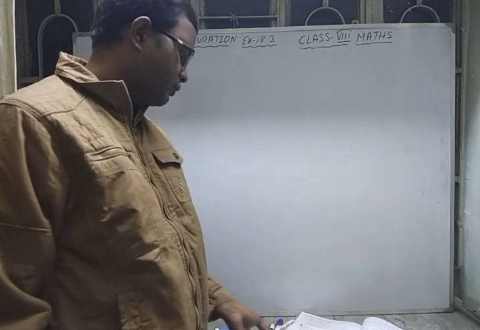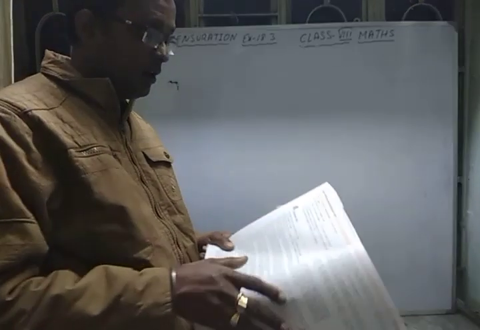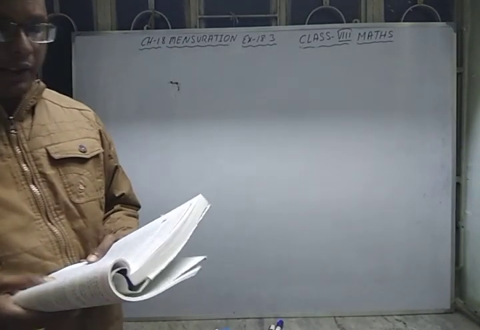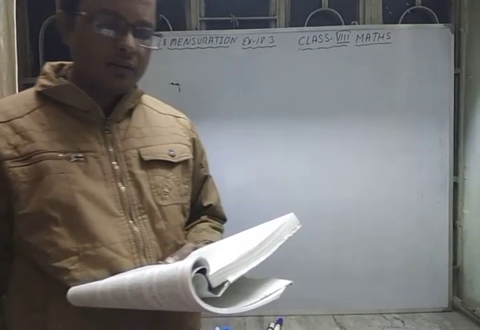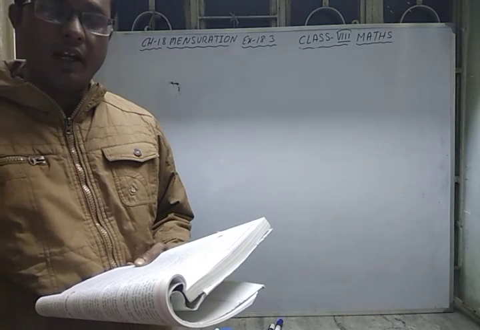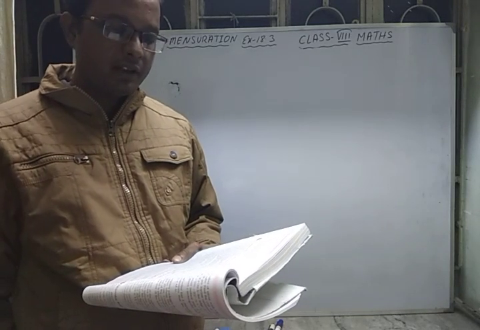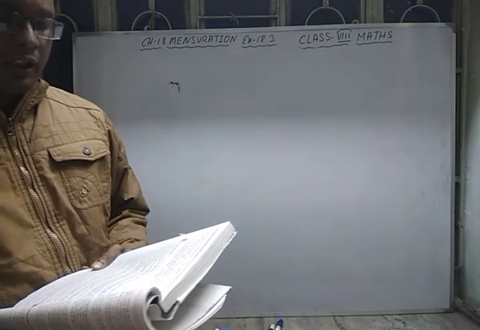Here is an important question, question number 4. The internal dimensions of a rectangular hall are given as 15 meter, 12 meter and 4 meter, meaning length, breadth and height of a rectangular hall.